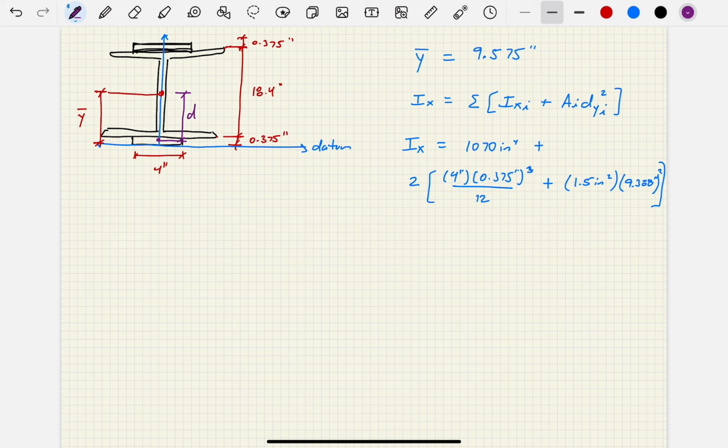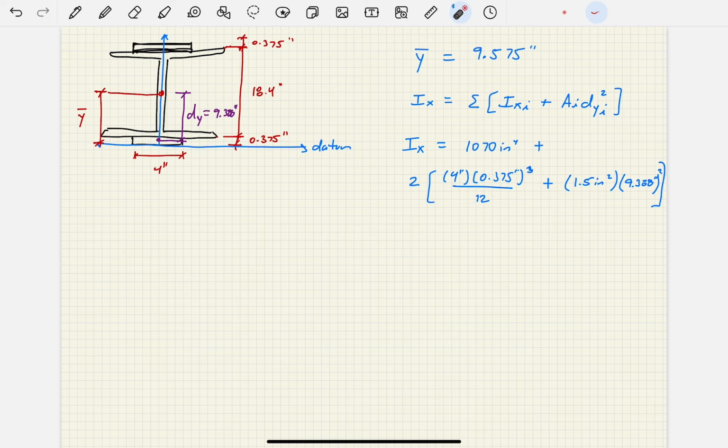So this is D sub Y, okay? And that is the 9.388 inches. And remember, this is symmetrical about this neutral axis, okay? So what's happening here is you have this occurring for the bottom plate and the top plate. That's why we multiply by 2 out here.